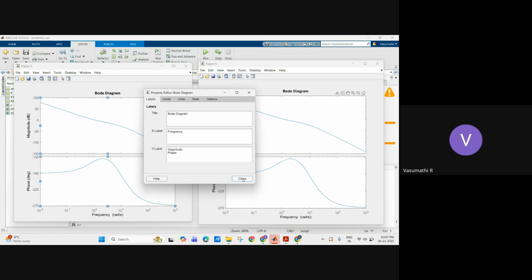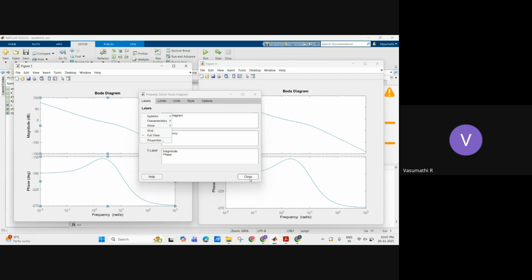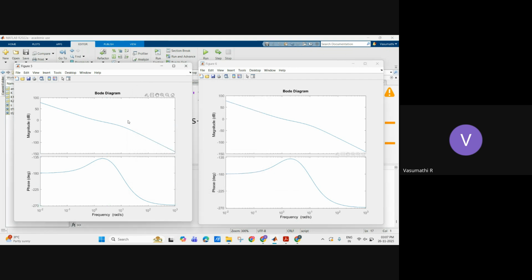Okay. Characteristics, all stability margins. Here also characteristics, all stability margins. Now if I see, gain margin is 26, it's also 26. Maybe the bandwidth will be changed.